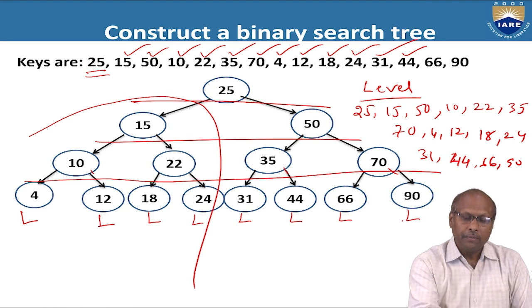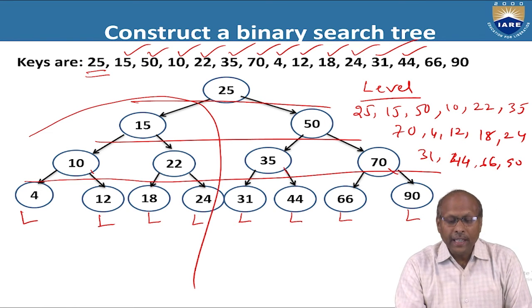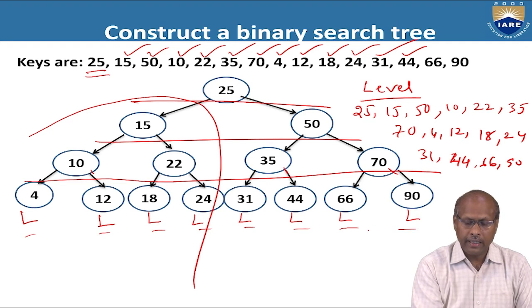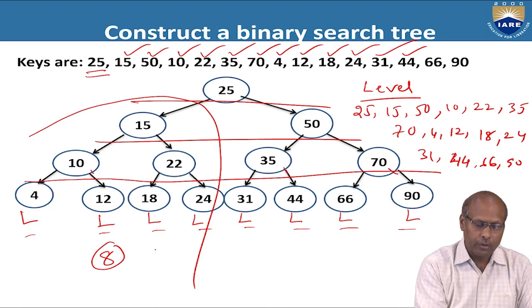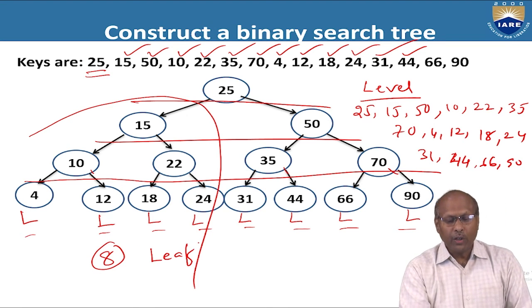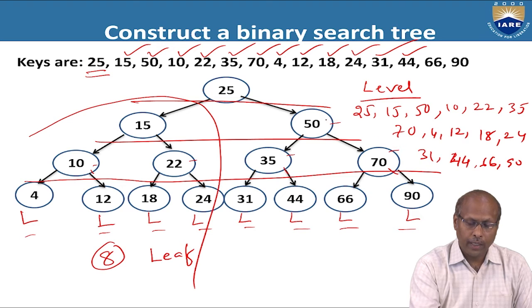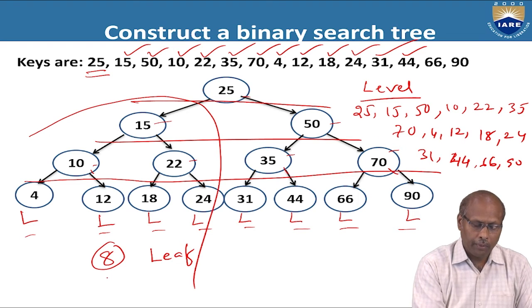They may ask, after construction of the tree, how many leaf nodes are there? Then your answer is 1, 2, 3, 4, 5, 6, 7, 8. There are 8 leaf nodes. And the remaining are non-leaf nodes: 1, 2, 3, 4, 5, 6, 7. So 7 non-leaf nodes.